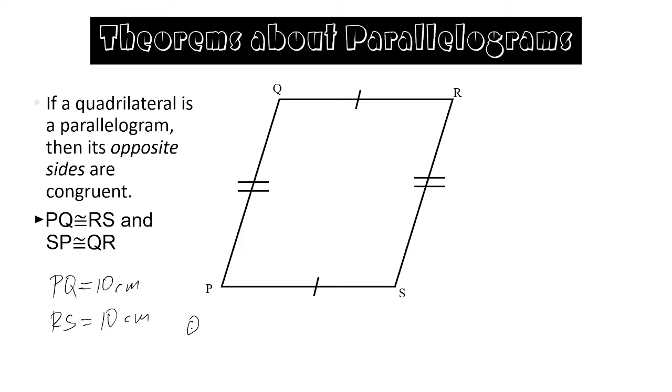And if QR is equal to, let's say, 7 cm, then PS is also equal to 7 cm. Iyan yung sinasabi sa ating properties ng parallelogram na if a quadrilateral is a parallelogram, then its opposite sides are congruent.